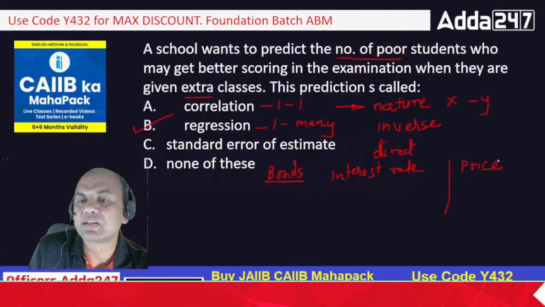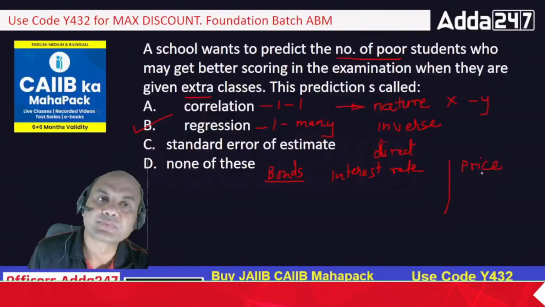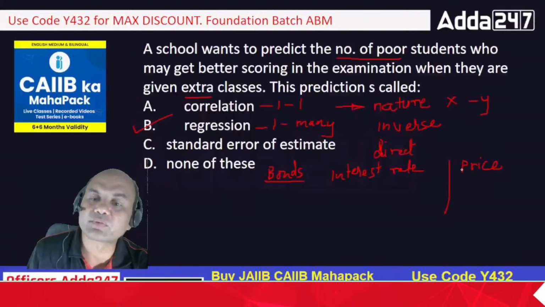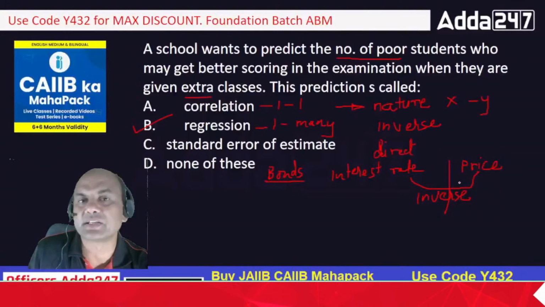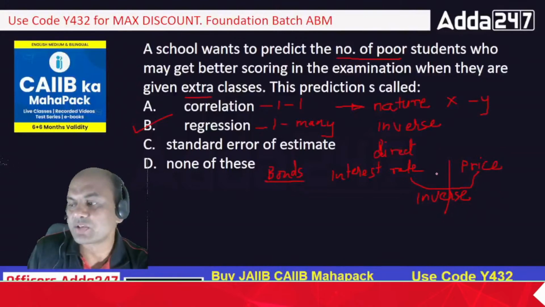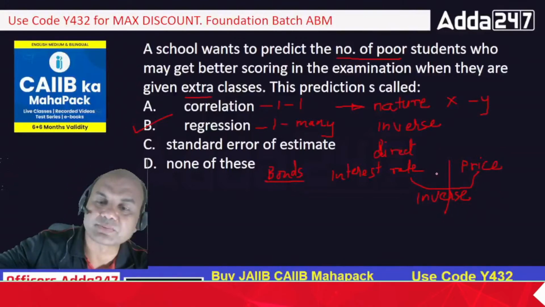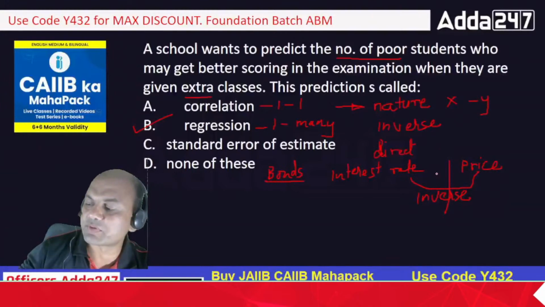Is that directly related or inversely related? Correct? Interest rate versus price is always inversely related. So if I draw the correlation between them, I'll get this answer as minus, inverse. So that is called as inverse relationship. Got it? Clear everyone?